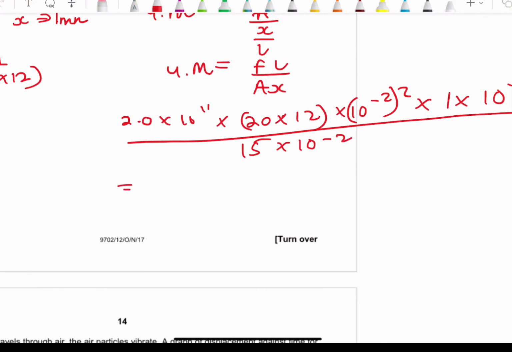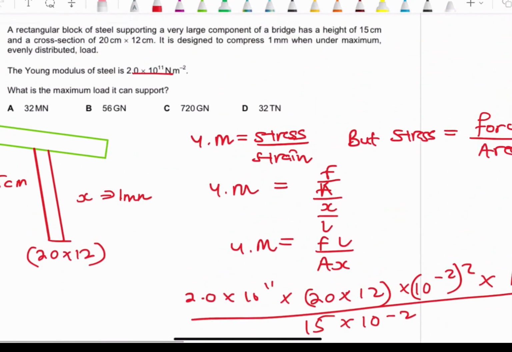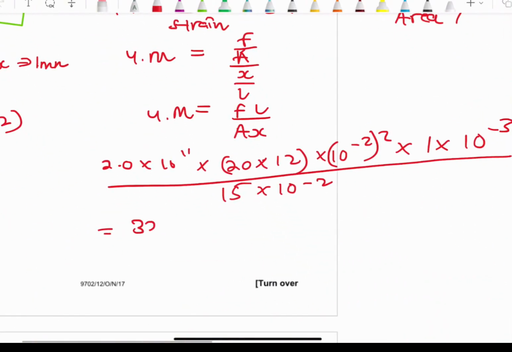If I compute this, I should be able to get the minimum load that I require. It's just a matter of applying it: what are you trying to find, what are you given, and how do you plug in that information. The height we were given, and we're given everything from the area. It's going to give me about 32, and so on.